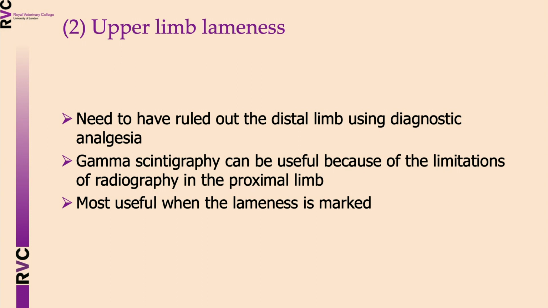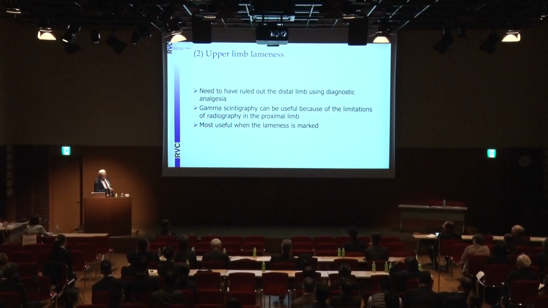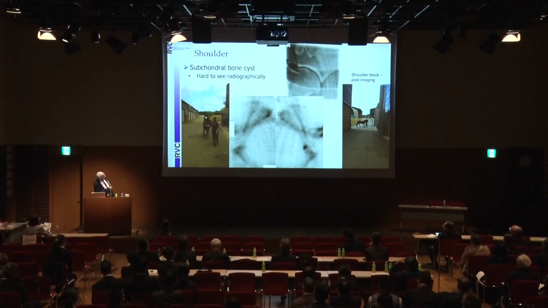Gamma scintigraphy is very useful in the proximal limb because of the difficulty of radiographing these areas, and it's most useful when the lameness is marked.